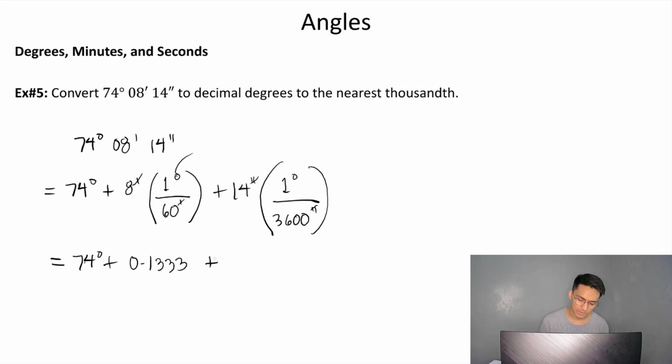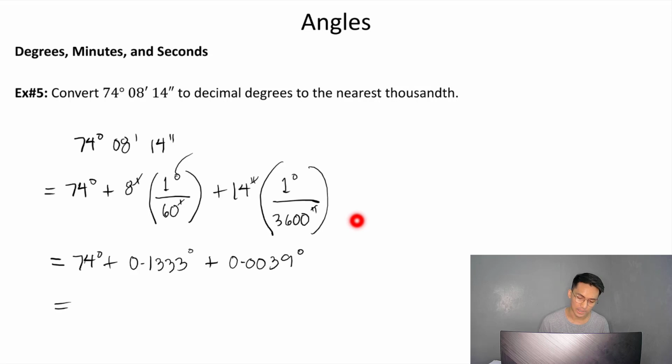Plus 14 divided by 3,600. The answer is 0.0039. Lahat itong dalawa na to, yung 0.1333 and yung 0.0039, ang kanyang unit ngayon ay degree na din. Kasi convert na nga natin siya.